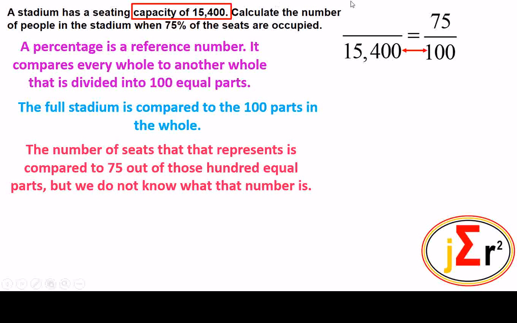The entire capacity of the stadium is a whole divided into 100 equal parts. If we are taking 75 of those 100 equal parts, then how many parts will be taken of the 15,400? That is the number that we need to find, which is presently unknown.